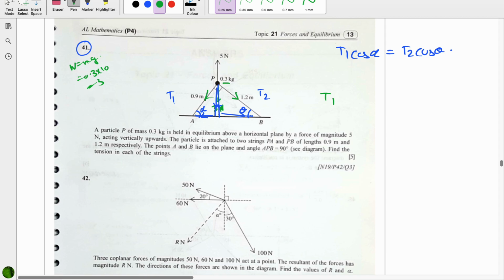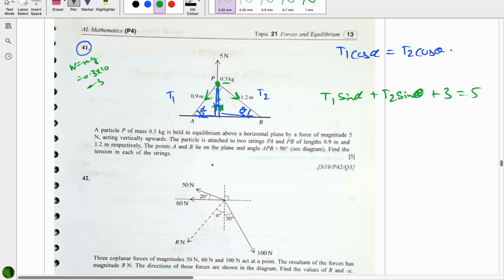Force of tension is always taken away from the point I'm resolving at, P. So T1 sine alpha downwards plus T2 sine theta downwards plus the weight of the ring, which is 3 newtons, all three downwards, is equal to 5 Newton, which is upwards.